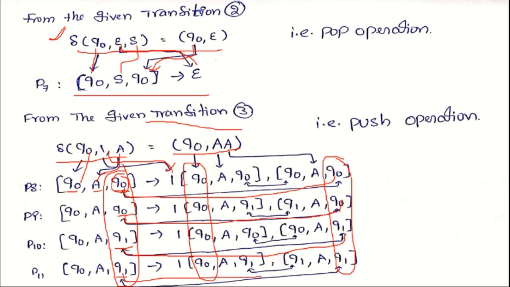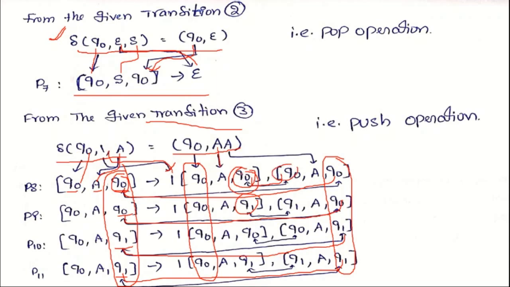Now the current state is Q0, the top of the stack is A, and the next state we assume is Q0 this time and Q1 next time. Since the next state is Q0, the next stack operation is performed by the same state, so the same thing can be copied here.